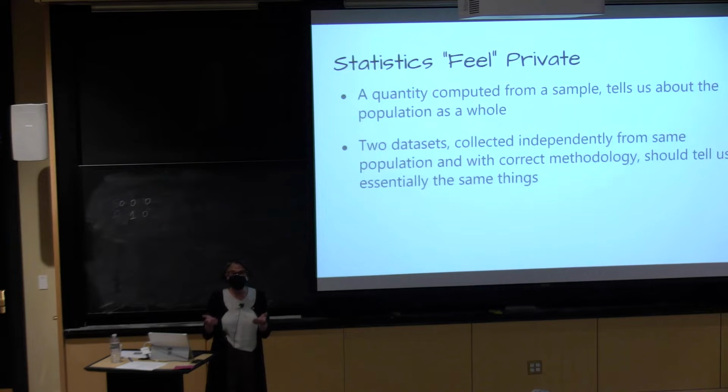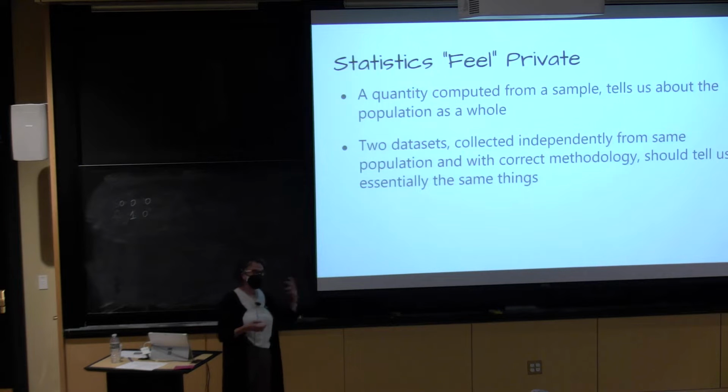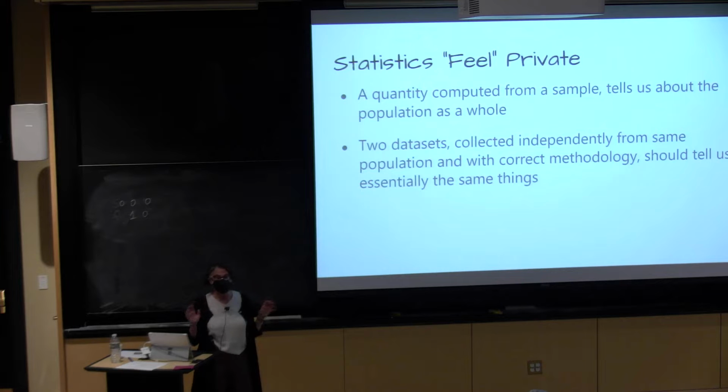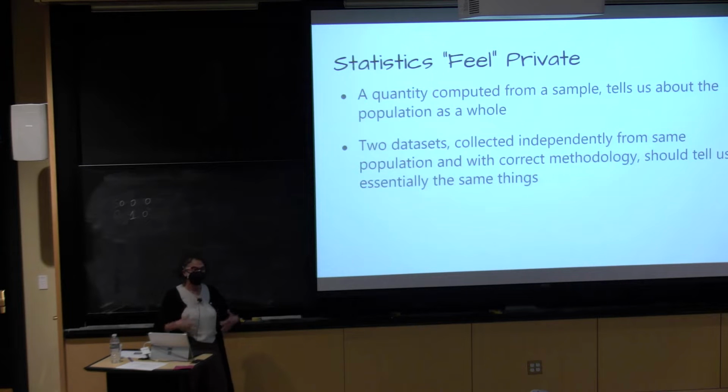This is why the field of statistics works in the first place. If by doing two good random samplings you got very, very different outcomes, then something is wrong with your statistics methodology. You can't really infer things about your population as a whole.